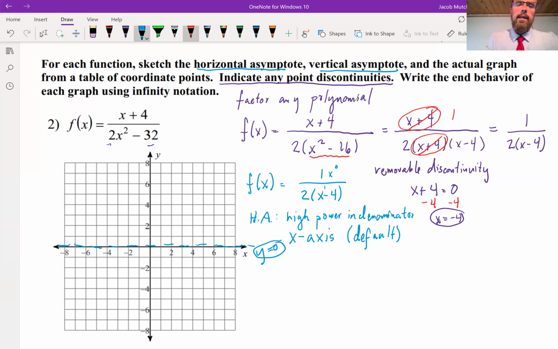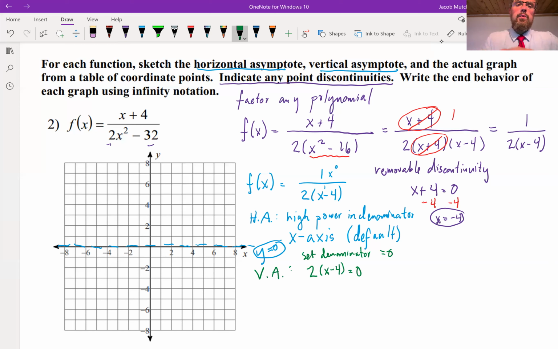Next, we want to locate our vertical asymptote. So the vertical asymptote is entirely eyes on the denominator. So I'm going to bring the simplified denominator, 2 times x minus 4. And what I do is I set the denominator equal to 0 and solve. Basically, when we do that, what we're finding is a place where algebraically the function would be undefined.